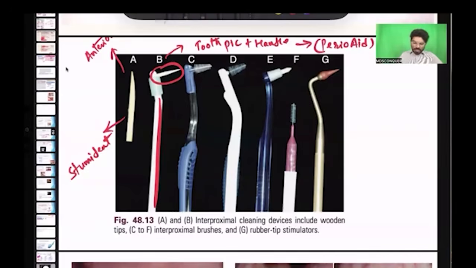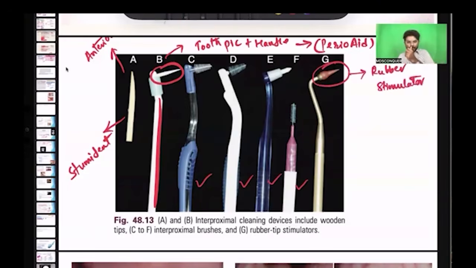Then next comes C, D, E, F. All these are interproximal brushes, where G is a rubber stimulator. Hope you are writing.